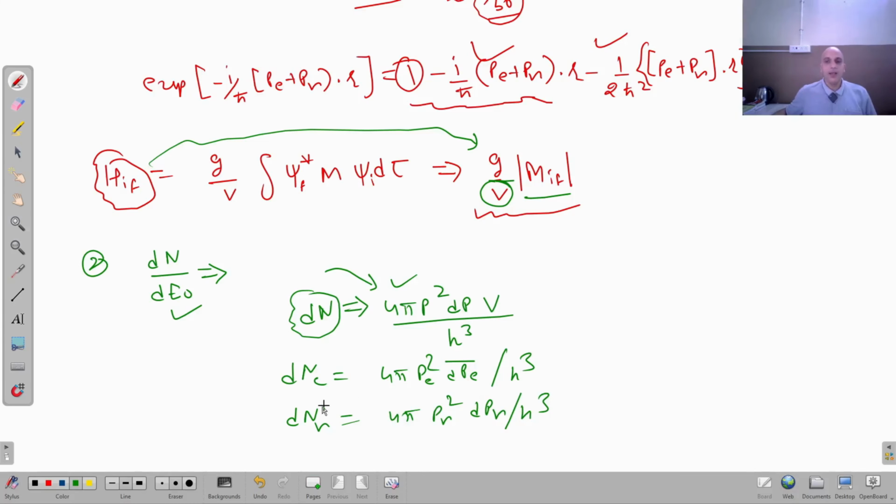So when I want to write the total number of states, I have to multiply them.